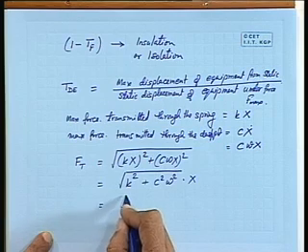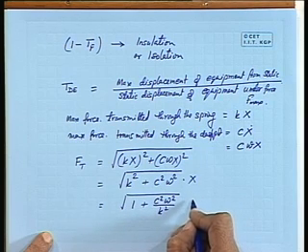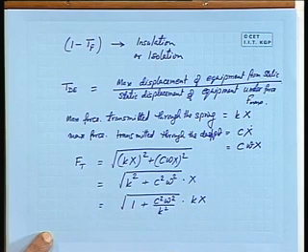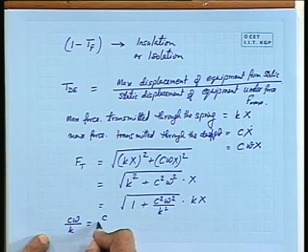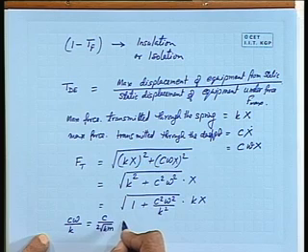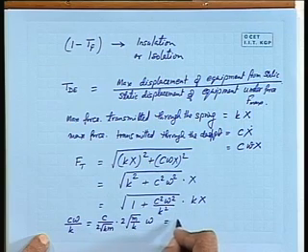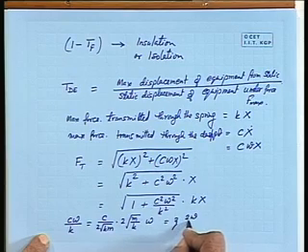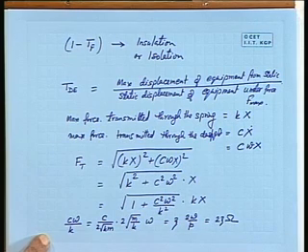Then this can be further simplified, and we can write c omega by k as 2 zeta times the frequency ratio.